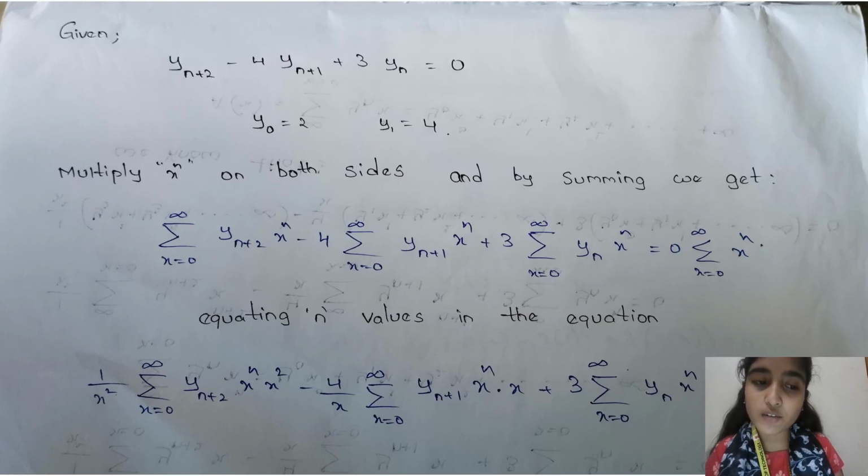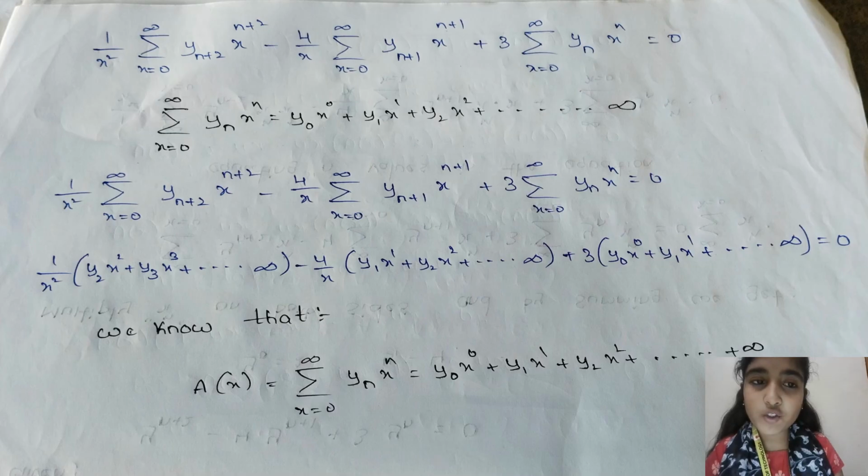Equating n values in the equation, we get one solution line here: 1 by x squared summation n equals 0 to infinity y(n+2) x^(n+2), minus 4 by x summation n equals 0 to infinity y(n+1) x^(n+1), plus 3 summation n equals 0 to infinity y(n) x^n equals summation n equals 0 to infinity x^n. So I have mentioned one formula here to solve the upcoming steps in this problem.